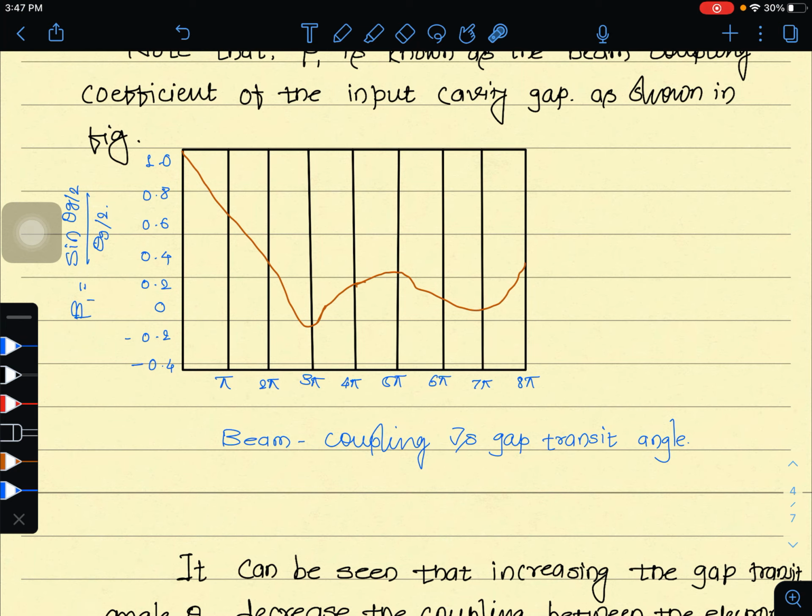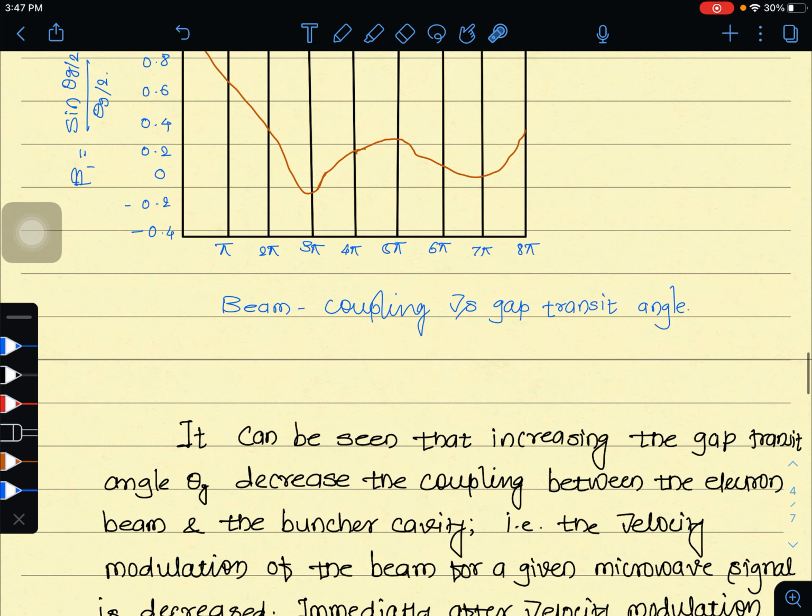Now we see one graphical diagram. This diagram is the beam coupling coefficient versus gap transit angle. This is a very simple diagram. In this diagram we find these angles. So let us see what we see in that diagram.